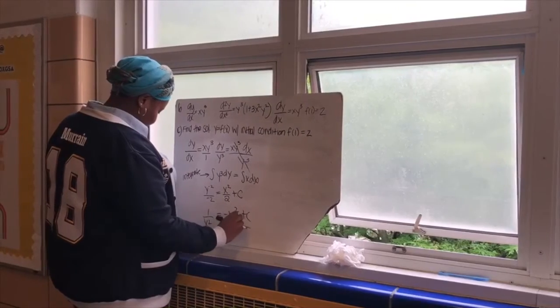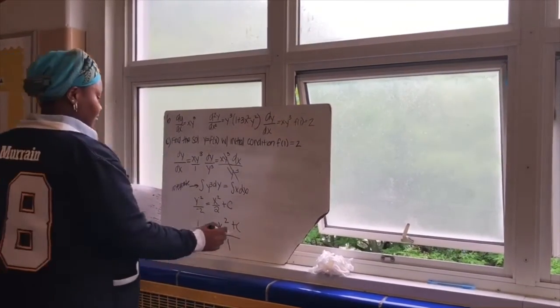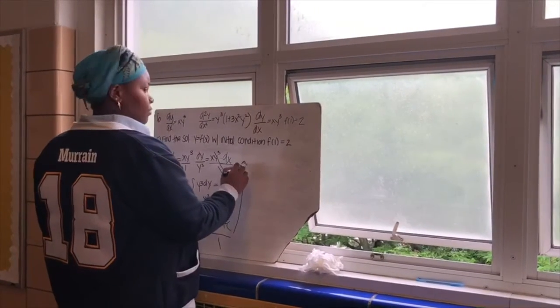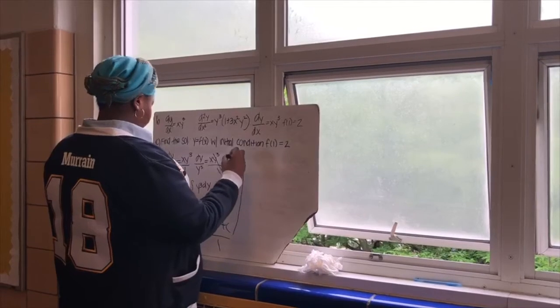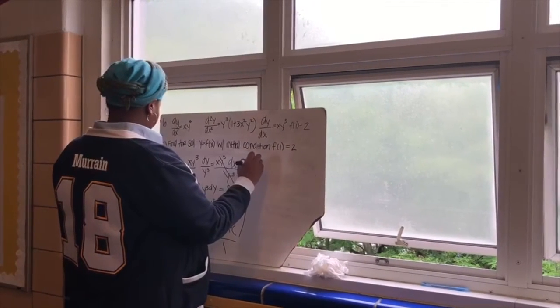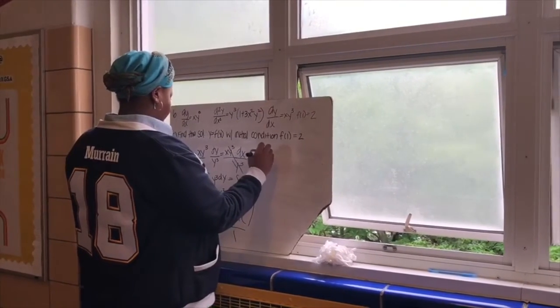So you still need y to be by itself. So as I move onto the other side of the board, after I rewrite it, I'm just going to cross multiply so that y is by itself.